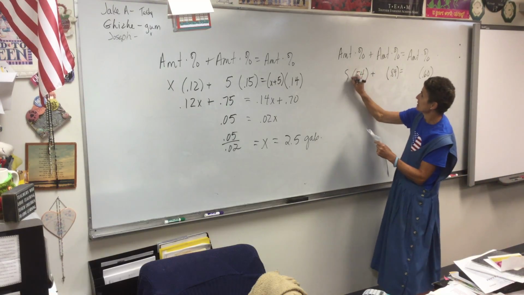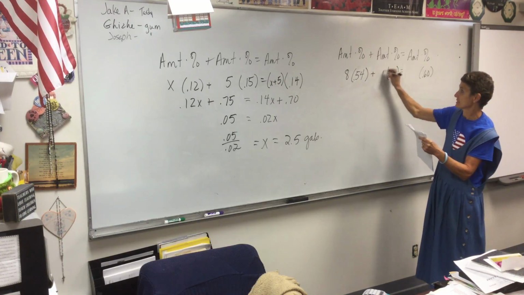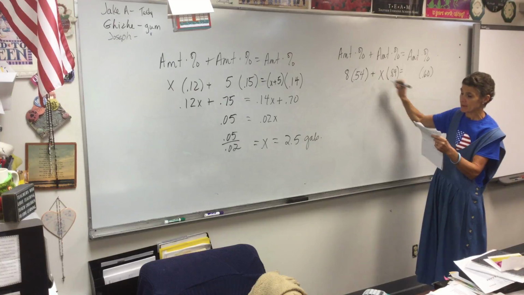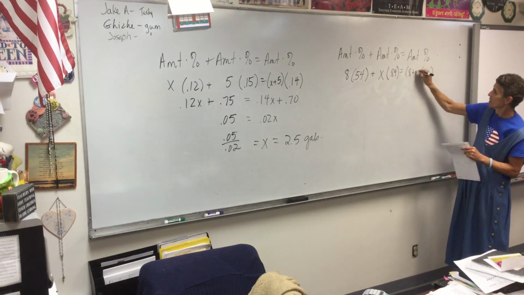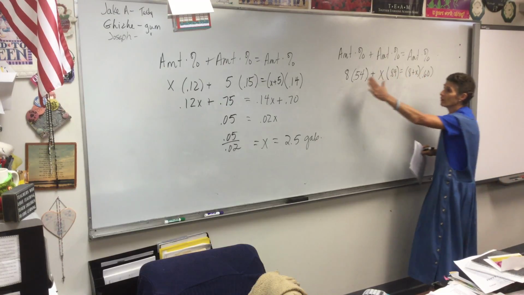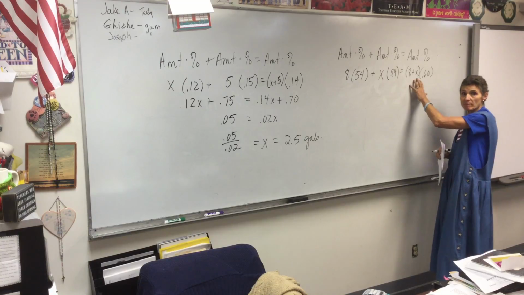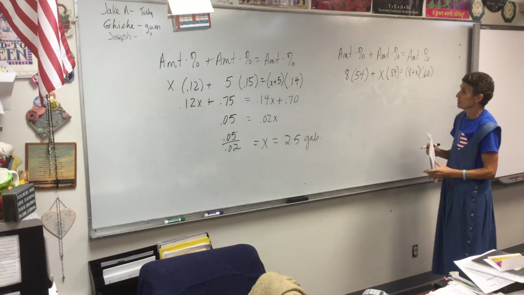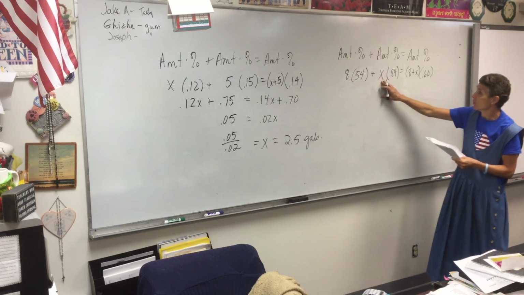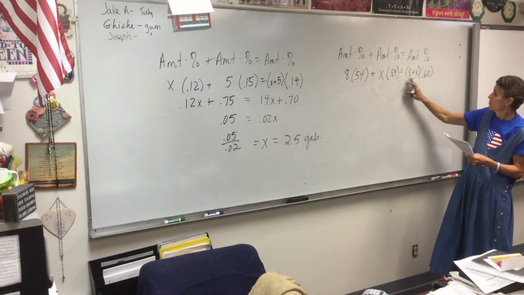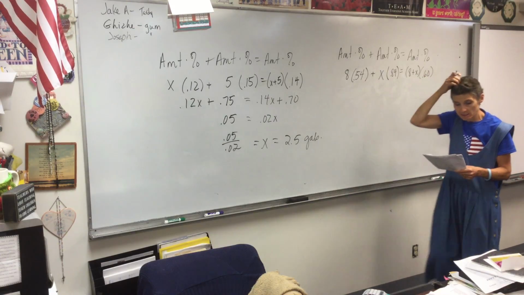I'm mixing 8 cups of this with some 84%. So obviously I'm going to end up with 8 plus X. Whatever I mix together, the two that I mix together add up to give me my final amount. So I have 8 cups of this kind. I don't know how much I have of this kind, but altogether I'll have 8 plus X of the 60% solution.